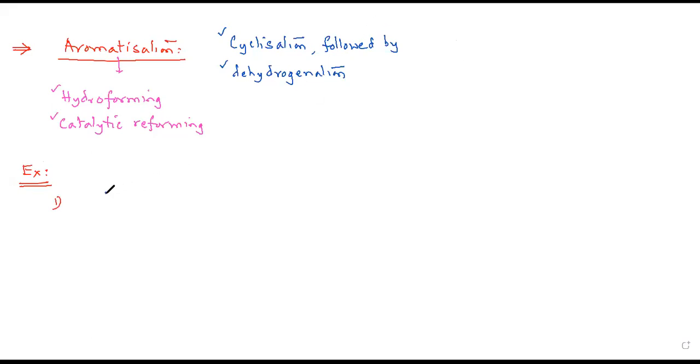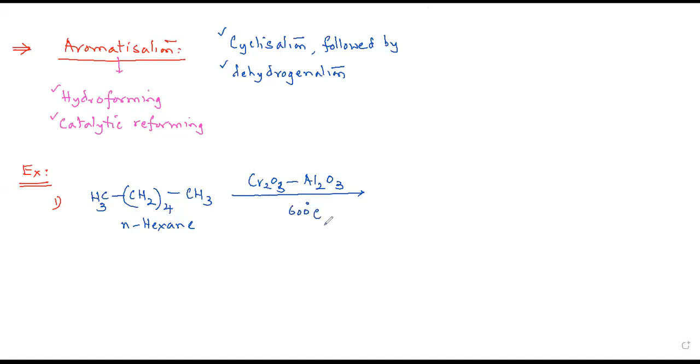Consider N-hexane. Okay. Using chromic oxide and aluminium oxide at 600 degrees centigrade, we get benzene, a preparation method of benzene.